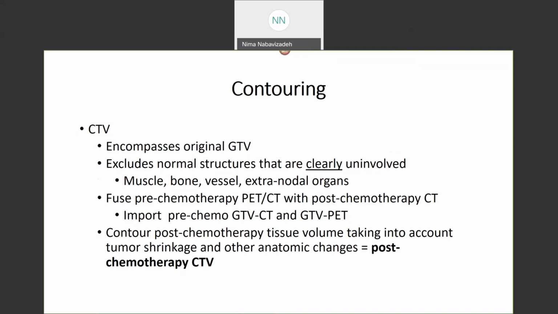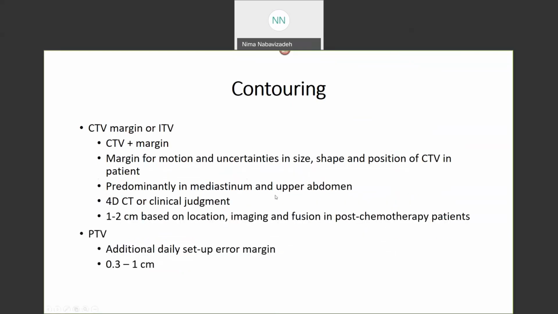What we need to do in involved site radiation therapy is make sure that we're cropping out that normal lung that has now filled in the void where that tumor used to be, because obviously we don't want to radiate all that lung tissue. So our volume post-chemotherapy is going to be much smaller, and this needs to be incorporated into the CTV. And then a PTV is basically just an additional daily setup margin. Depending on the disease site, we're treating 0.3 to 1 centimeters.